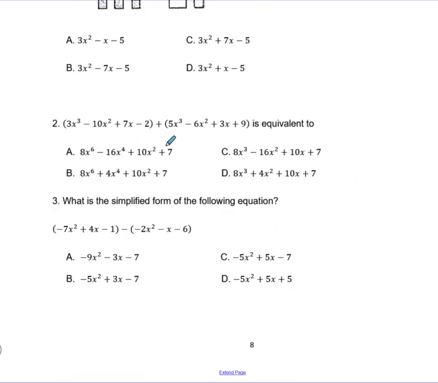Anyway, basically when you're adding polynomials, you just want to combine like terms, okay? So you want to do 3x squared plus 5x squared, so 3 plus 5 is 8. Let me write that down. You don't have to do anything for the exponents, just bring that over.